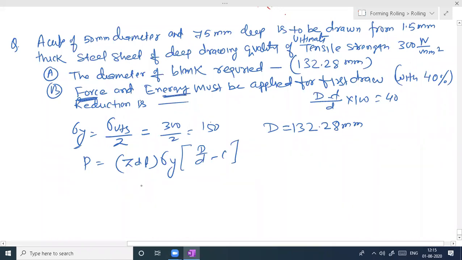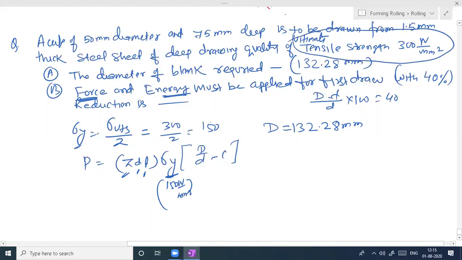Force and energy you have to calculate. So force, pi you know, D you know, T you know, sigma y 150 Newton per millimeter square you have to take, because the ultimate tensile strength is given.